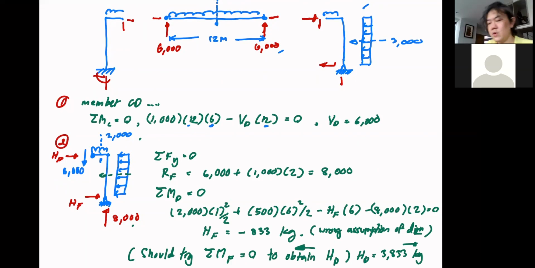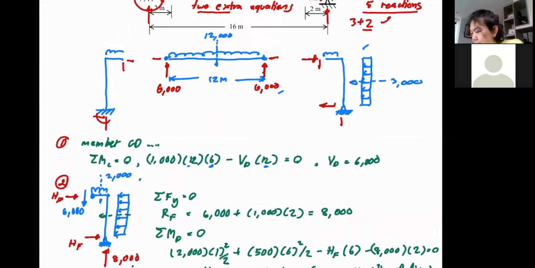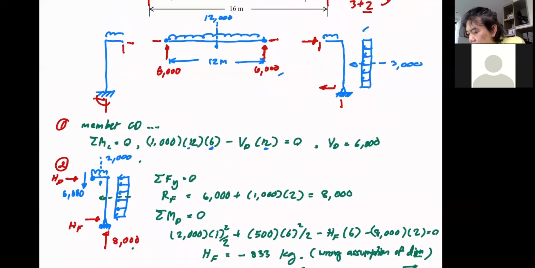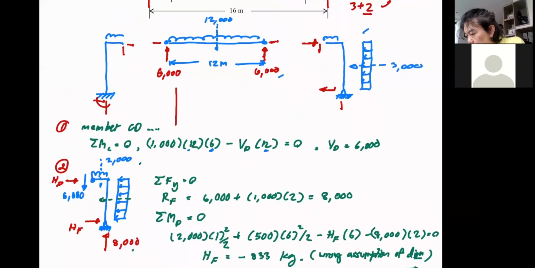Okay, so that's the second one down. So now let's say step number, because I'm running out of space, so let me make a little note here in this box.